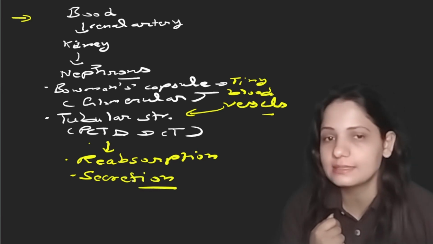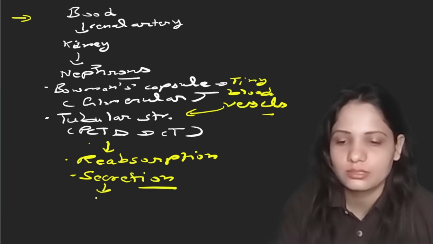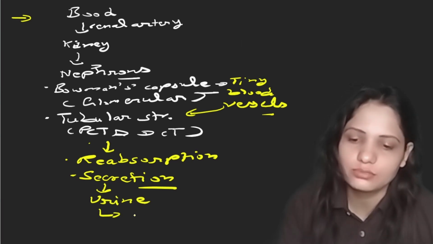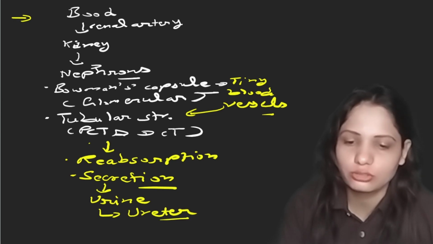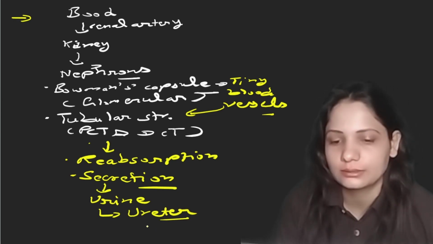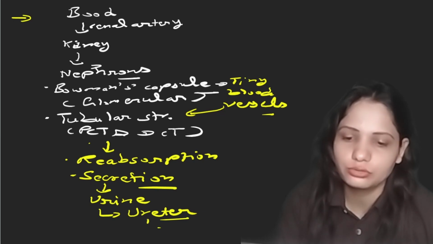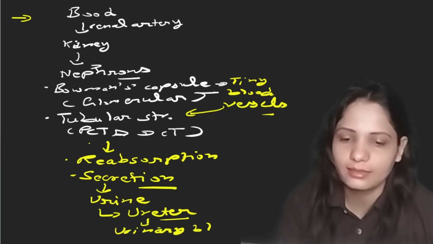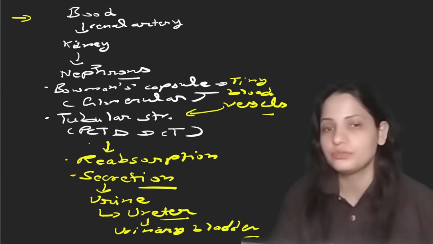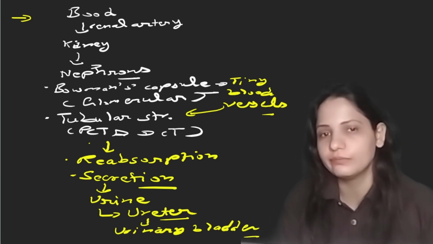After these steps, we have urine, and this urine comes out of the kidney into the tube-like structures, the ureters. From the ureter it goes into the urinary bladder, and then into the urethra. And this is the process of urine production and urine removal.